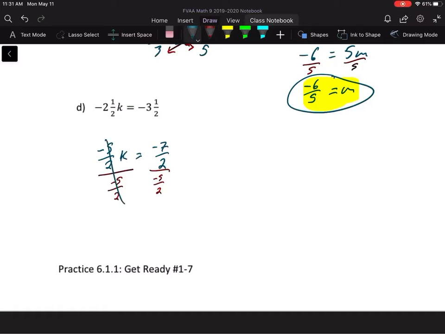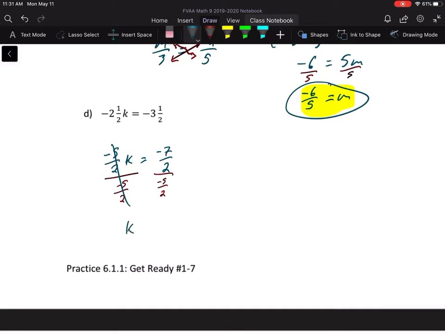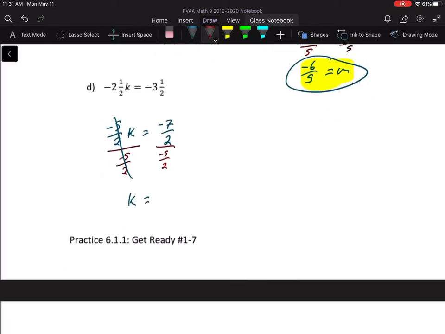Okay, and that's going to cancel that out. I'm left with k. And then this gives me negative 7 over 2. And since it's divided by negative 5 over 2, I'm going to multiply by the reciprocal, so times 2 over negative 5.